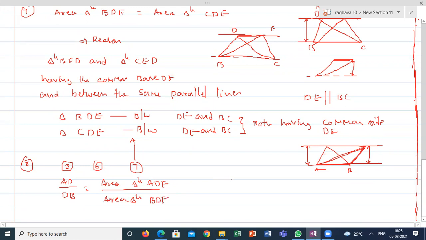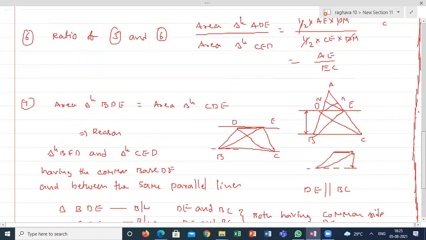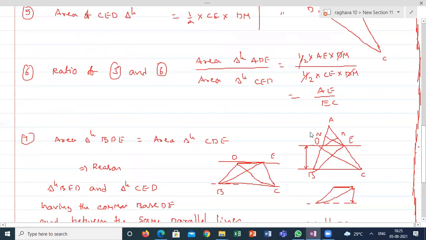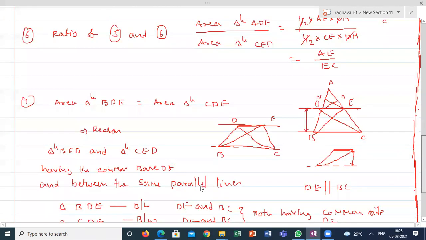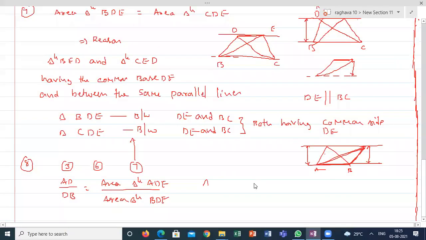AE by EC is equal to area of triangle ADE divided by area of triangle CDE.